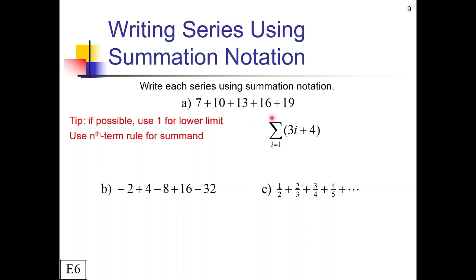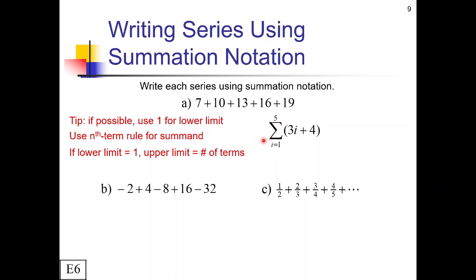All right, let's get our upper limit of summation now. This is another reason that I like to use 1 for the lower limit, because if you use 1 for the lower limit, then the upper limit is just going to be the number of terms. If the lower limit is 1, the upper limit is just however many terms you have here, because you're literally counting 1, 2, 3, 4, 5. There's 5 of these.